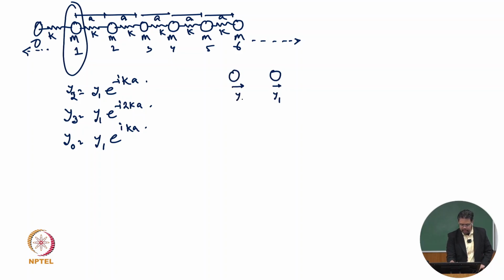This one is displaced by y0. This one is displaced by y2. Agreed? You have springs k in between, and mass m. So what will be the force acting on this point and this point? What are the forces?